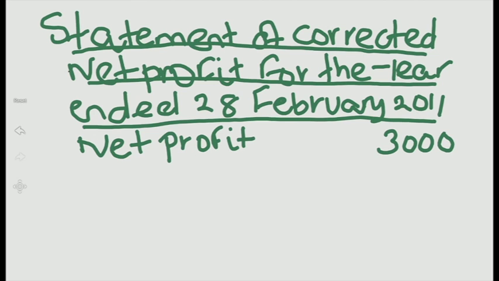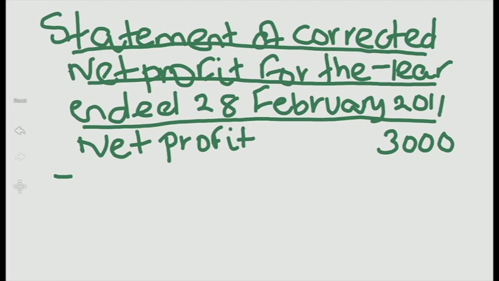Then we discovered we had undercast purchases by 20 Emalangeni. If it was an undercast, we need to include it. That simply means we are going to subtract purchases undercasted.